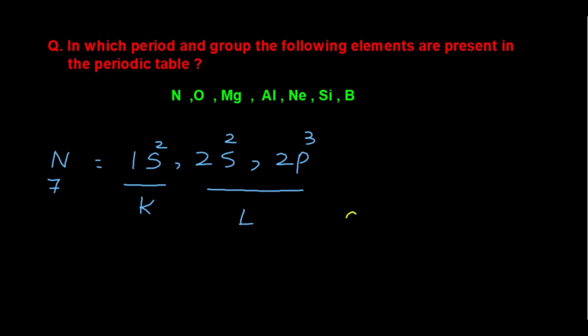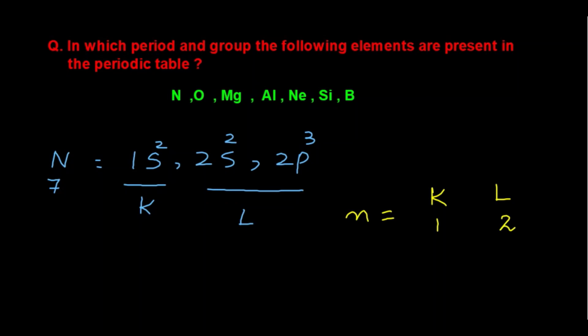Now we will write the n value for these shells. We have two shells, the first is K and the second is L. For the K shell the n value is 1, while for L shell the n value is 2.